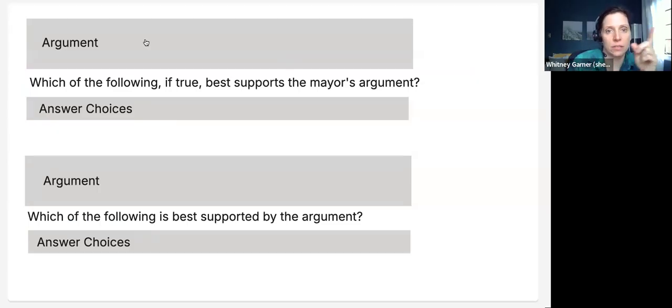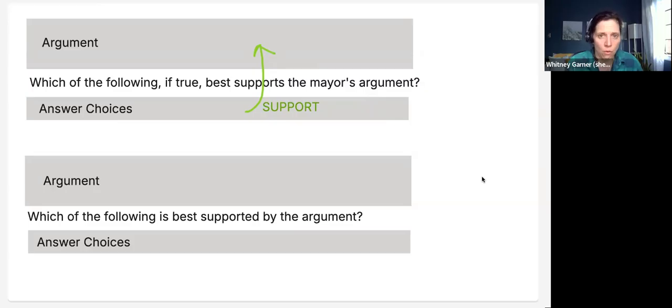Yeah, it's going to be up in this argument part. So the direction of support goes from answer choices up to the argument, right? So support is going from answer choices up.